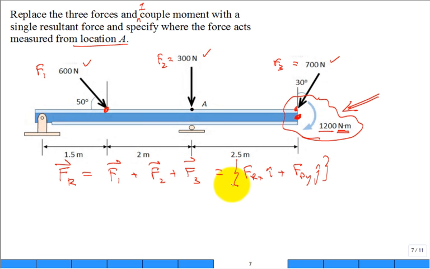But we want to now figure out where to apply it, and we're going to think about moving, and we'll introduce the distance that we have to move over. We'll call that x, or x_R. How far over in the positive x direction from point A do I need to apply this force?